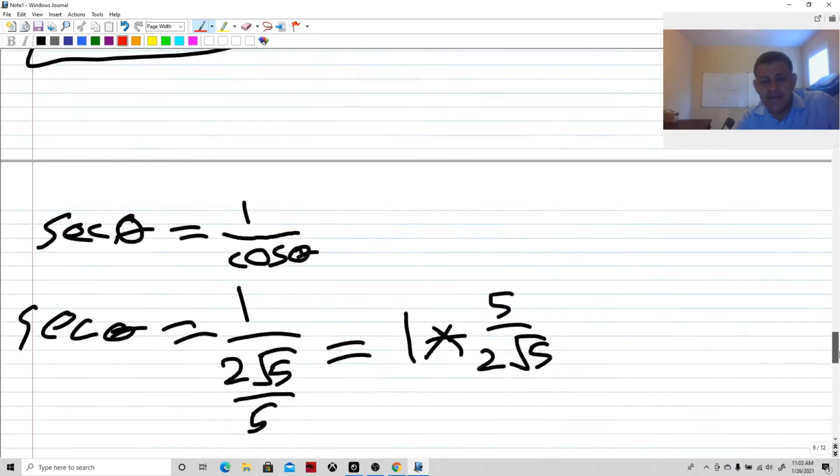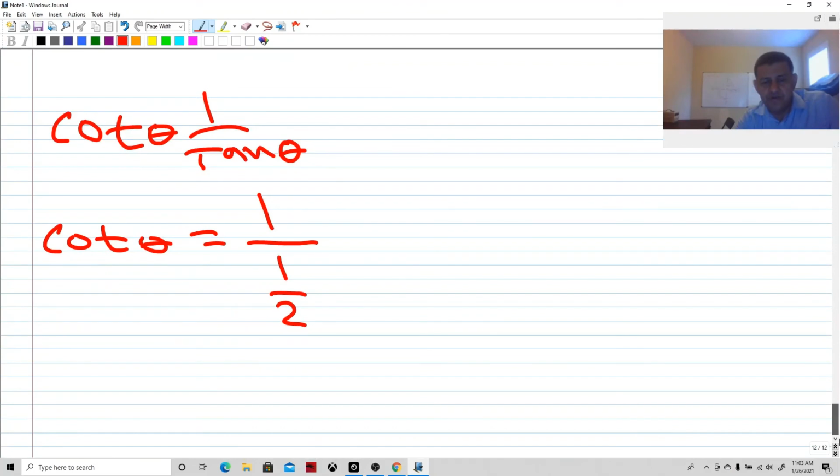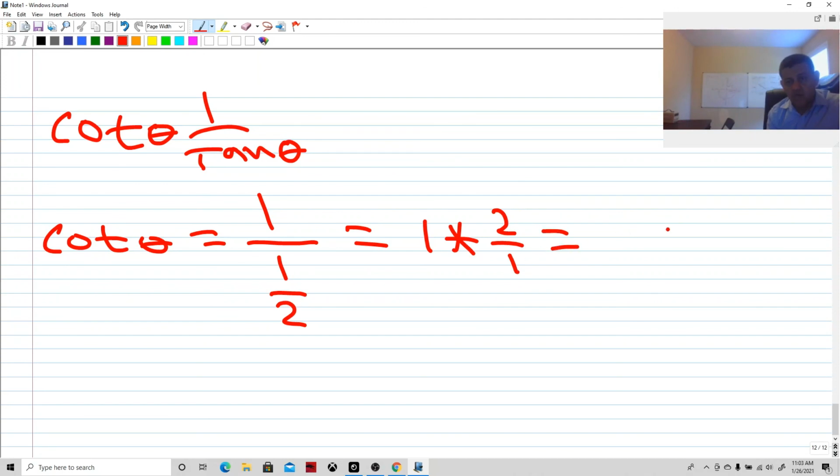So we put 1/2, right? Cotangent of theta is equal to 1 over 1/2, which is what? 1 times, I flip that, and we say that it's the same as 2 over 1, which is equal to 2, right?